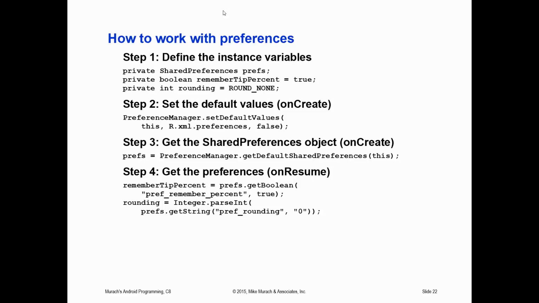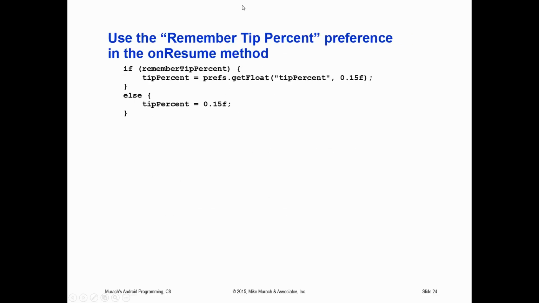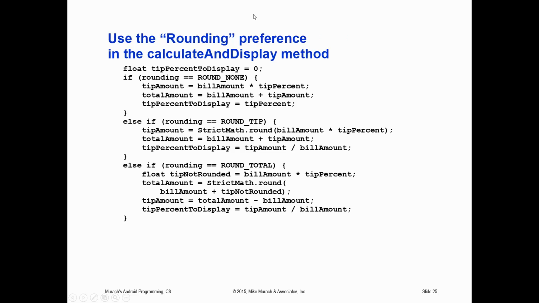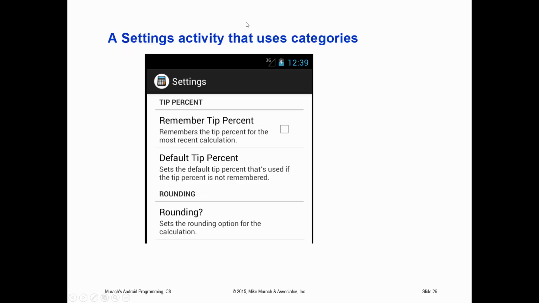And the last step shows how to get the values for the preferences from the shared preference object. Okay? As far as using preferences, once you get the preferences, you use them to change the way the app works. As mentioned, if you want to show something or not show something.